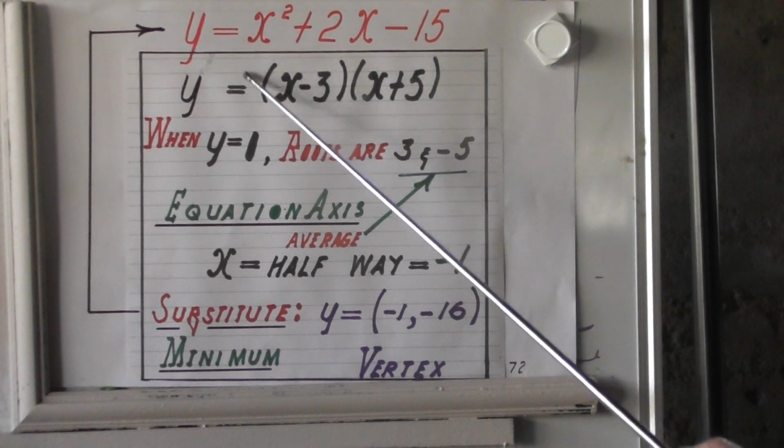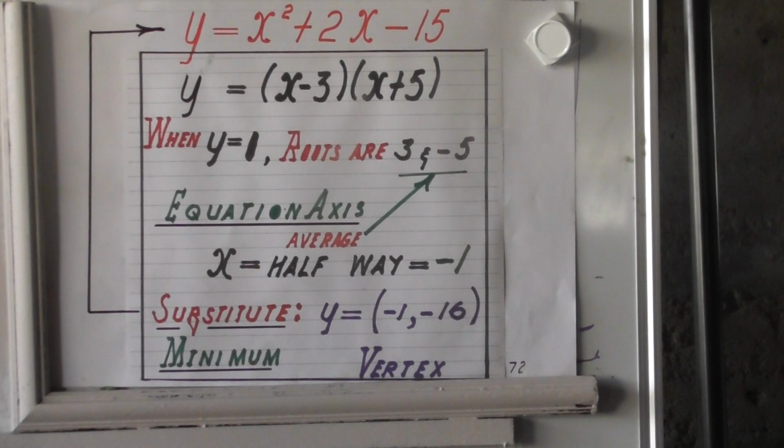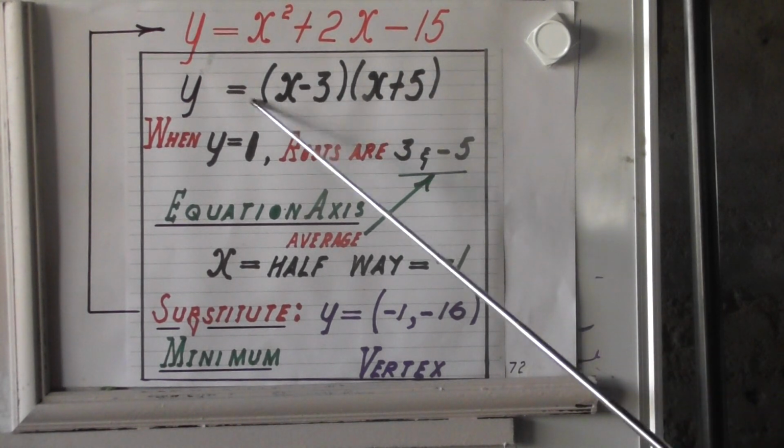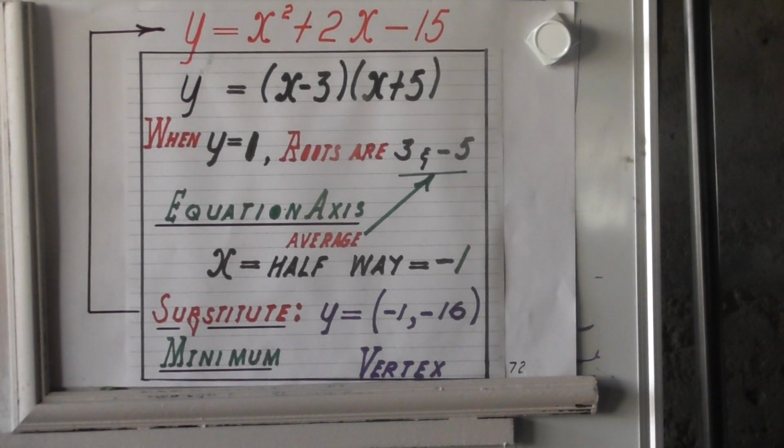We did that in the first exercise, expanding expressions. So we have the x line, positive 3 on this side and negative 5 on that side.